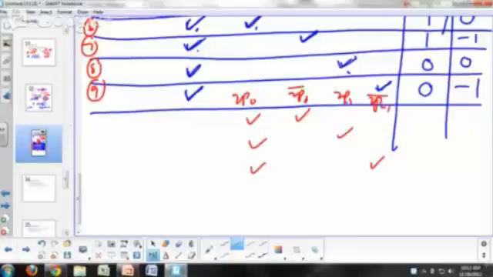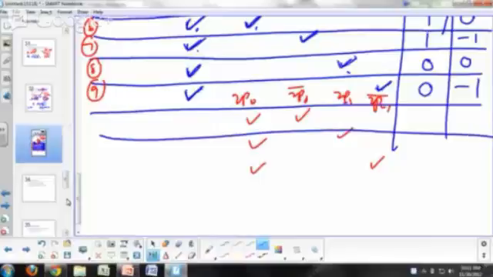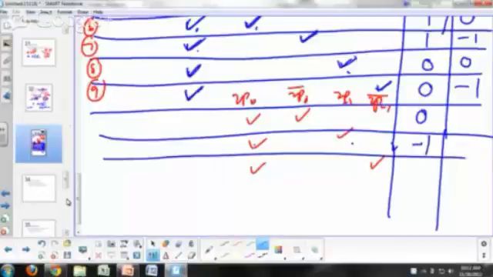All right, so what's our m sub L for this next one? 0 plus 0, 0. What's m sub L for the next one? 0 plus negative 1, negative 1. And what's m sub L for the next one? 0 plus negative 1 is negative 1.